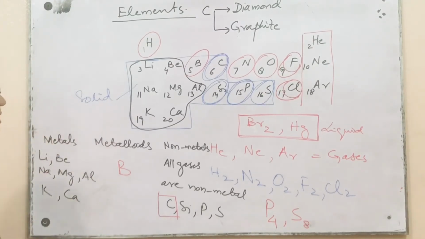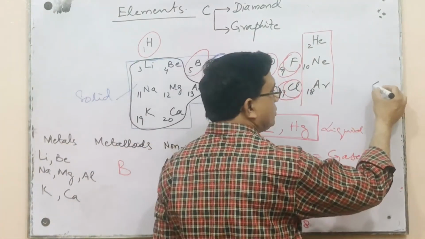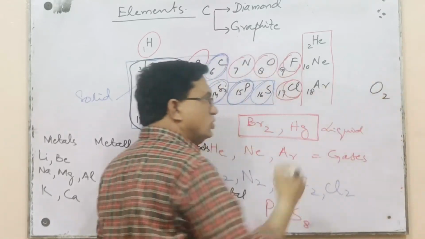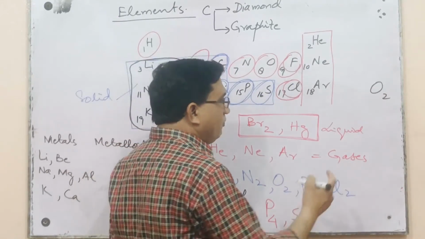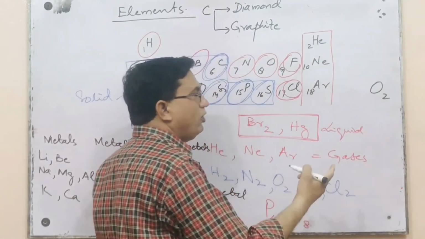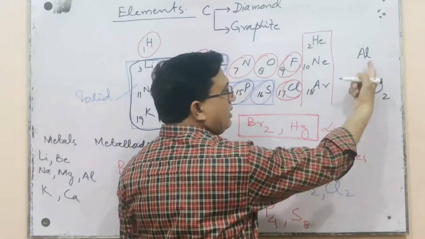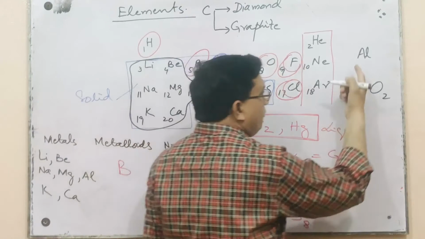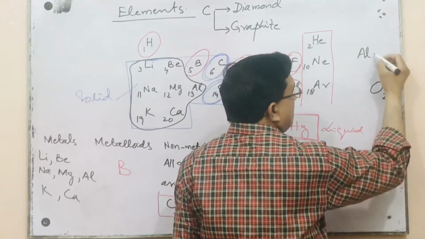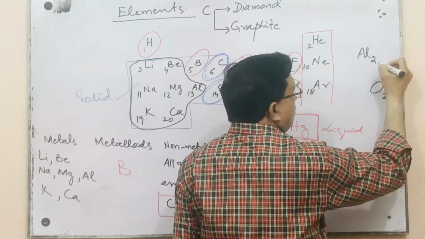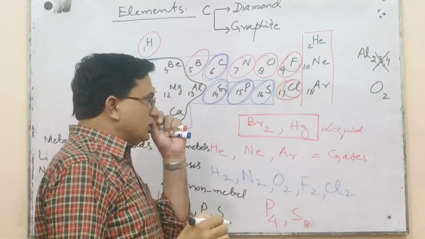Now, a molecule is represented just like I have mentioned oxygen as O2, because oxygen is a non-metal, that's why it can be represented just like this. But if I have to write down the chemical formula of, say, aluminium, I will write only Al. If I have to mention only aluminium, no digit will come here, 2 or 3 or 4, never. Metals will not exist in this form.